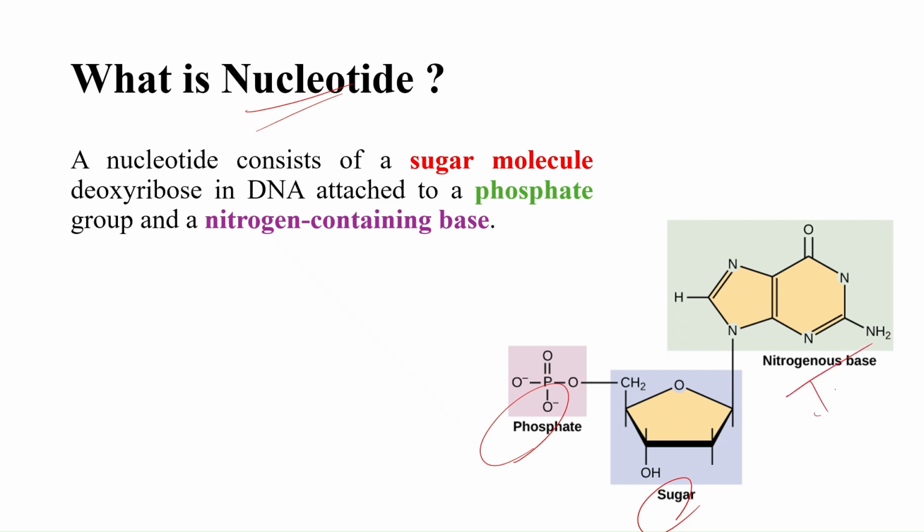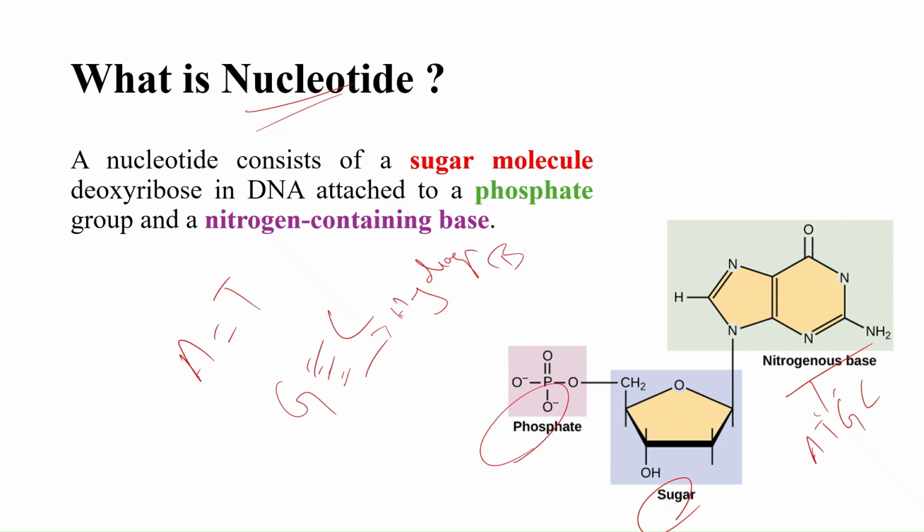The nitrogen bases are adenine, thymine, guanine, and cytosine. Adenine pairs with thymine with a double hydrogen bond, and guanine pairs with cytosine with a triple hydrogen bond.